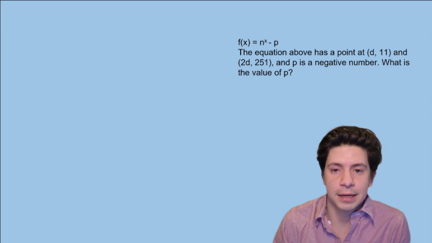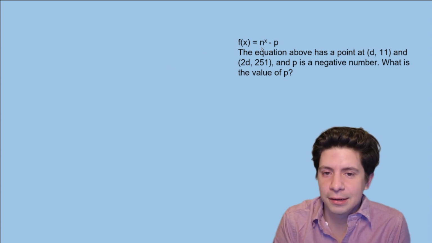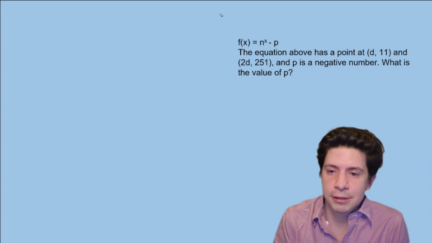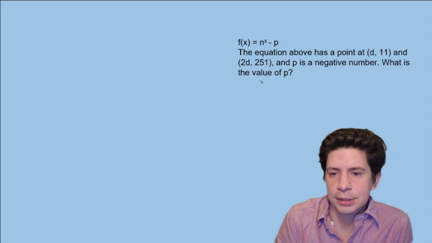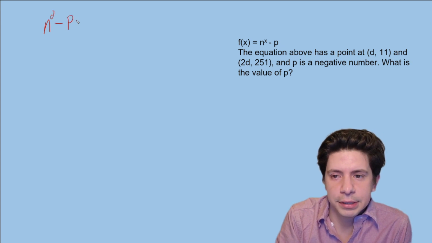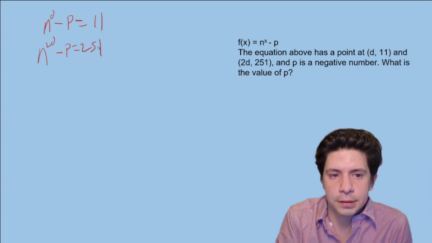Okay, so we have an exponential equation. It's not too complicated, but it's totally abstract, right? No numbers involved. The only numbers we get are in the text of the question. So let's plug it in, right? We're going to have n to the d minus p equals 11, and n to the 2d minus p equals 251.